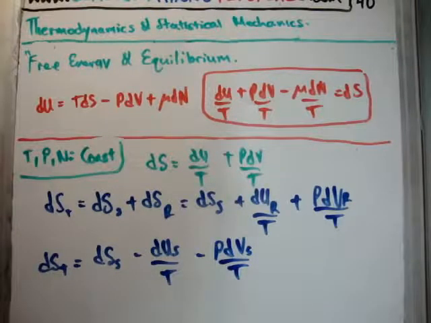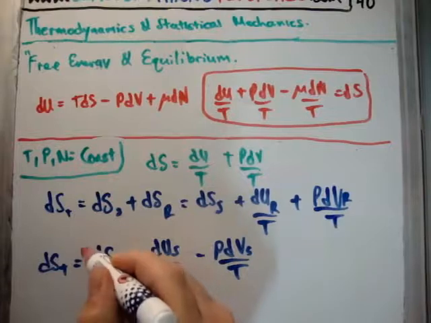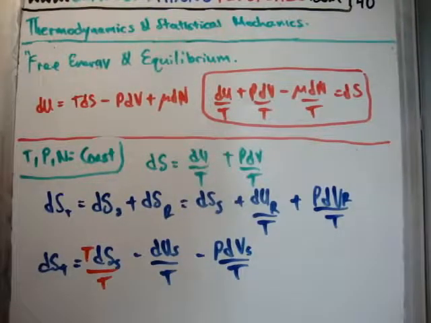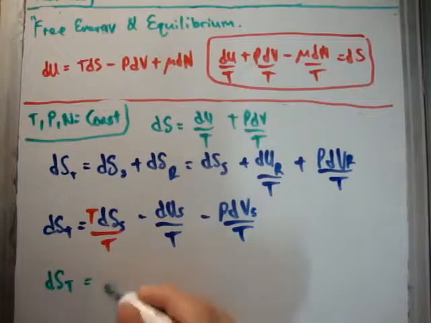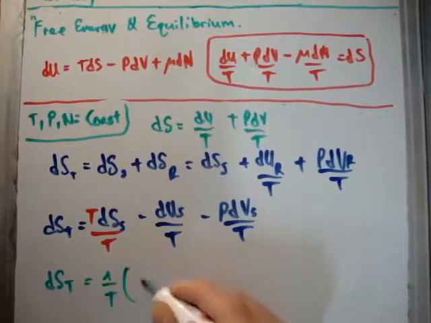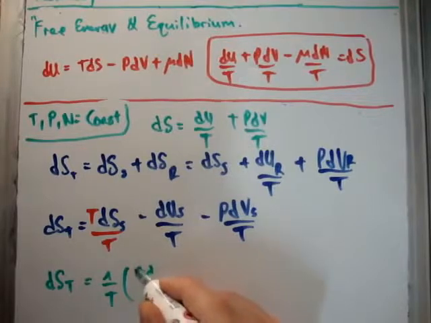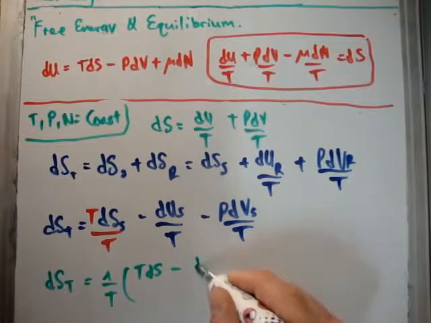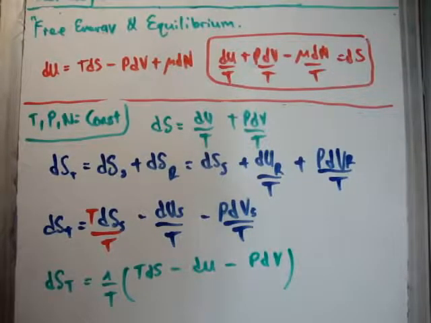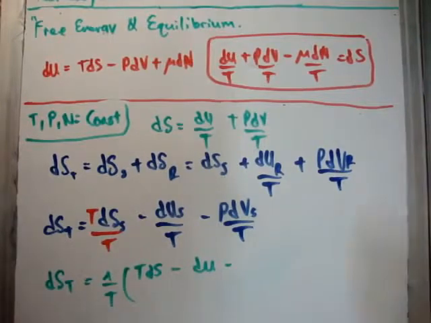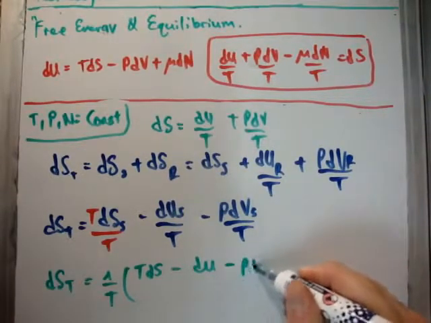Once again we're going to do a sleight of hand, because what we're going to do is multiply above and below here by T. Now if you multiply above and below by T and factorize just like we did last time, we're going to get the following: TdS minus dU minus P dV.